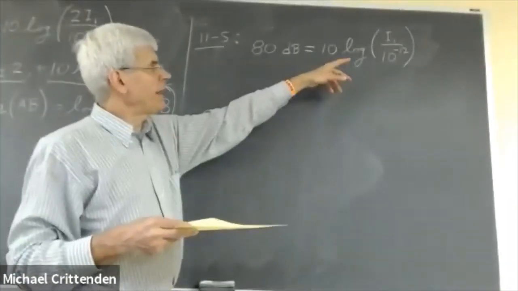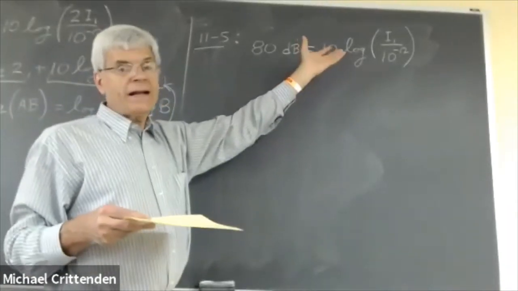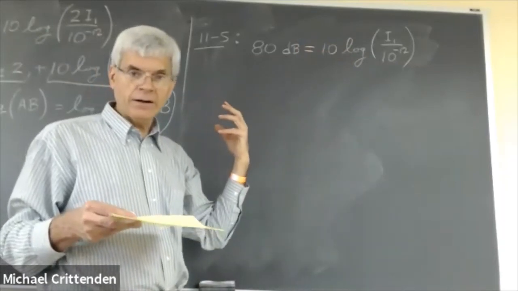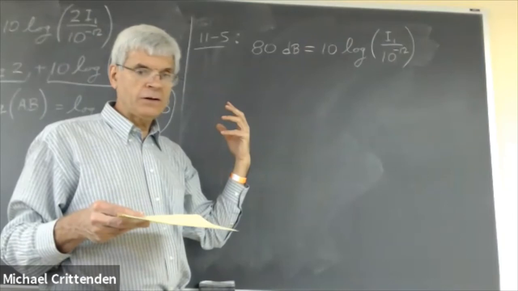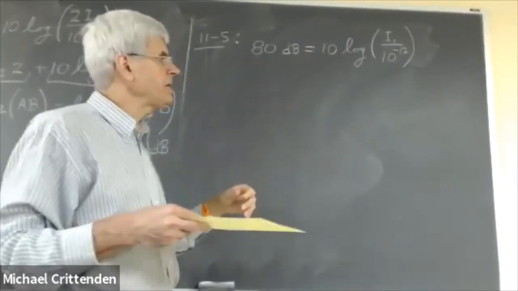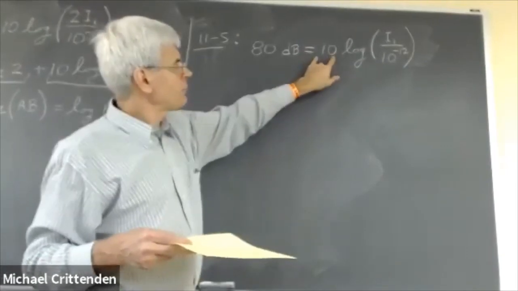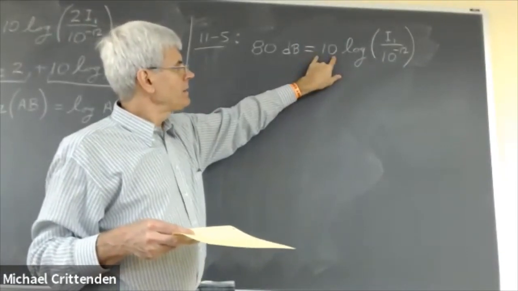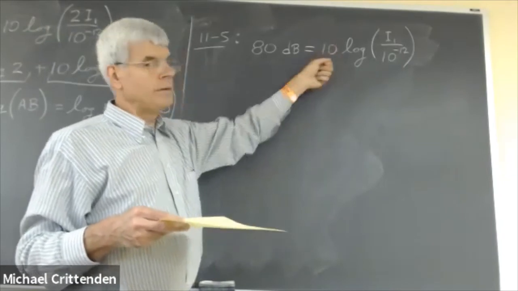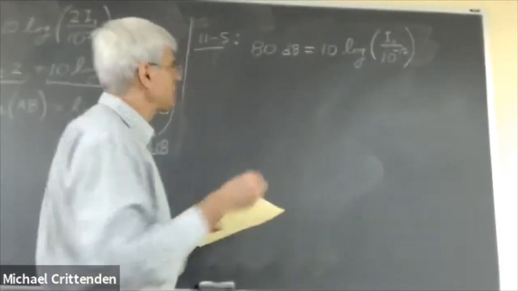To solve this for I, the way you solve any equation is you peel stuff away from your variable in layers until you take it down to where it just says I equals, or x equals, whatever the name of your variable is. The outermost layer here is that 10. To get that off of there, divide both sides by 10.